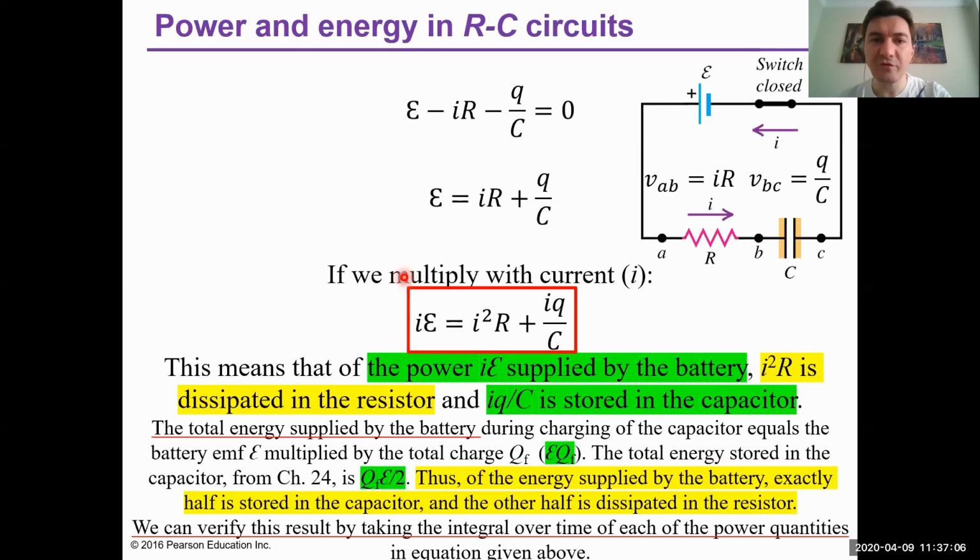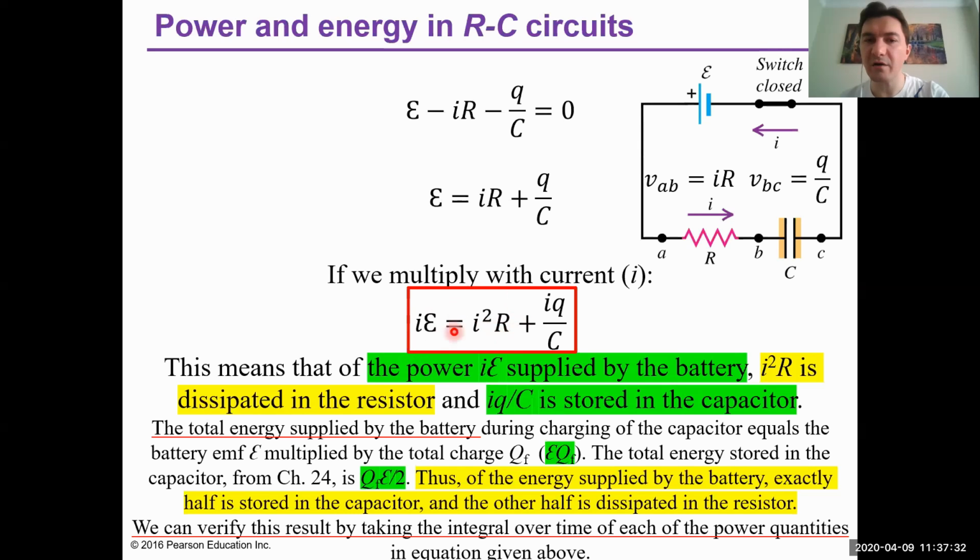If you multiply this side with current and this side with current, then we will get I times EMF equal to I squared times R, plus I times Q over C. So what do you see here? I times EMF is like PV, okay?